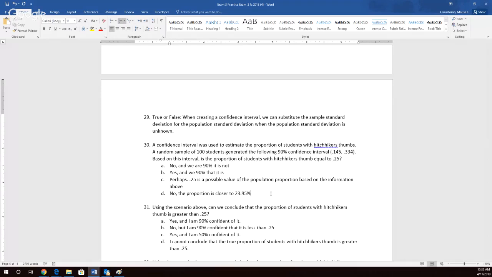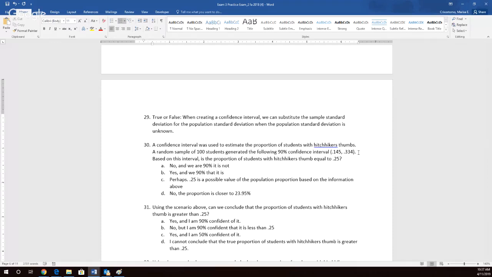Based on this interval, is the proportion of students with hitchhiker's thumb equal to 0.25? So remember that our confidence interval gives us an interval in which the true parameter, or the true proportion, could be. So the true proportion of people with hitchhiker's thumb could be anywhere between 0.145 and 0.334.